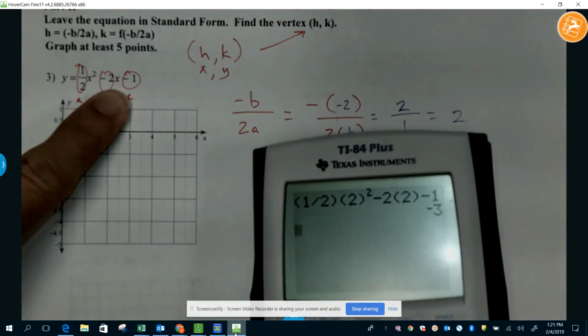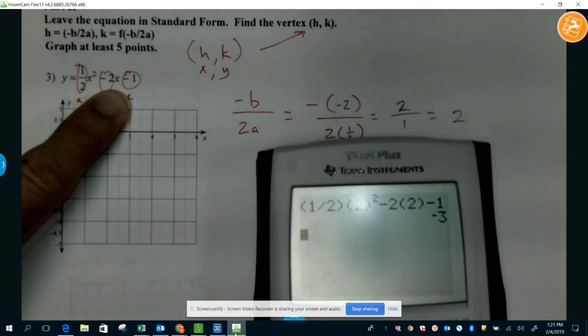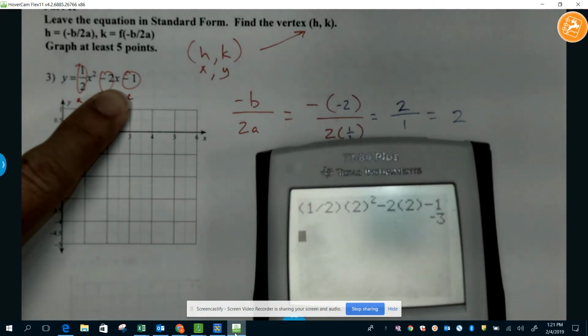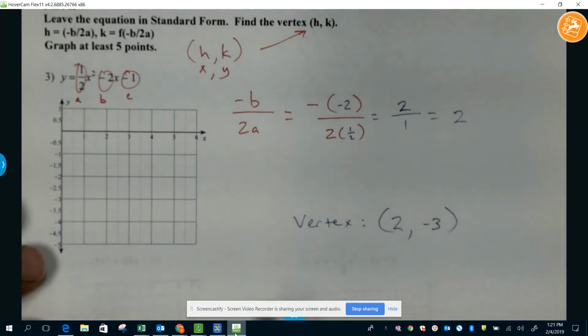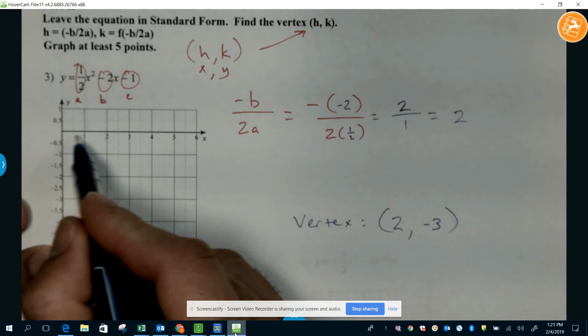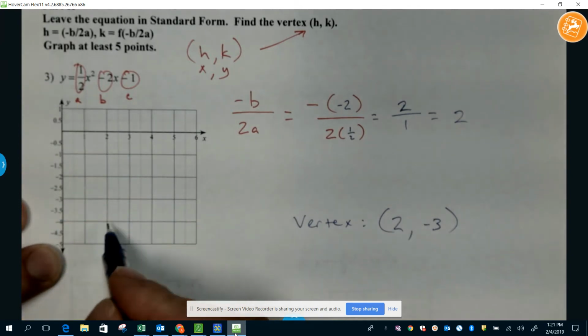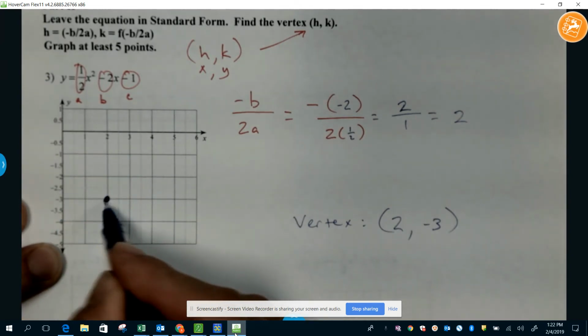Okay, and I come up with a -3. When I plug in my x value of 2, I come up with a -3. So there's my vertex, 2, -3.